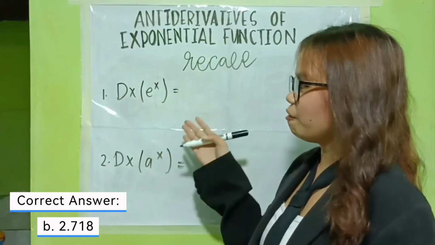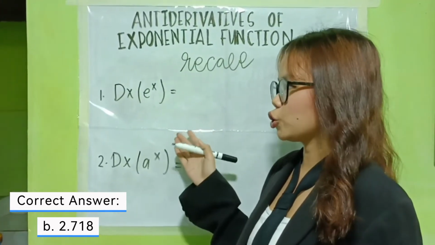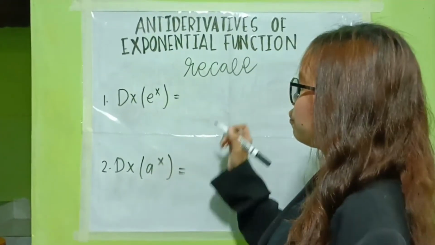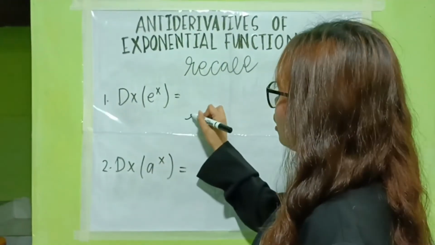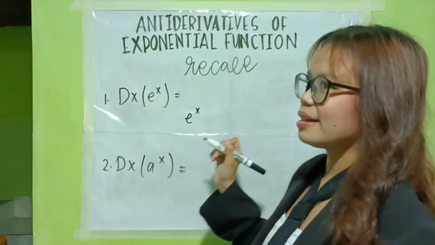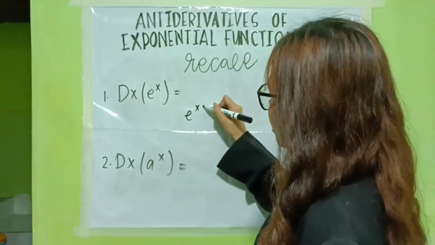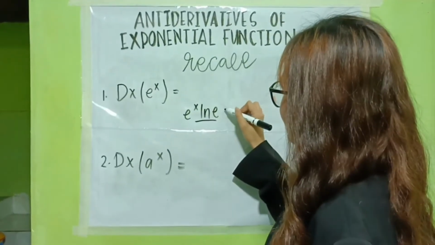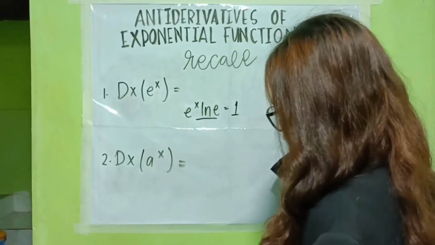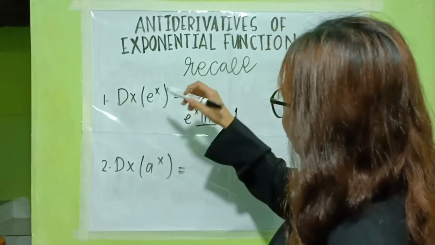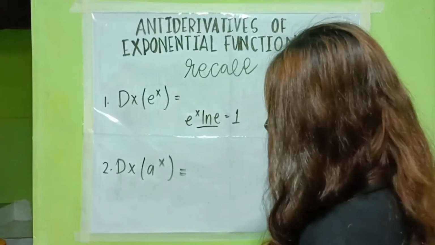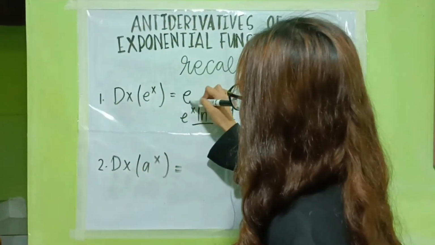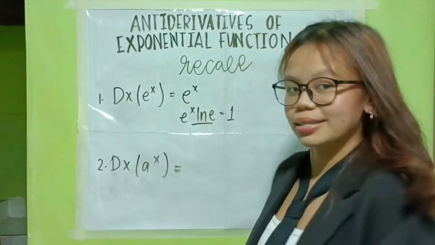To answer the derivative of this exponential function, we take the product of the exponential function e raised to x and the natural log, which is ln e. Since ln e is equal to 1, the derivative of this exponential function will be its original function, which is e raised to x.